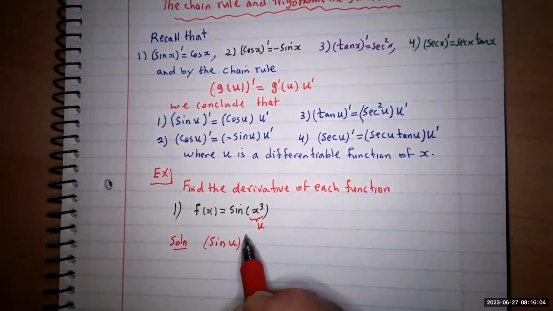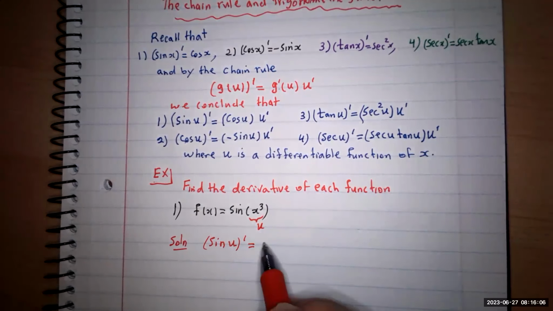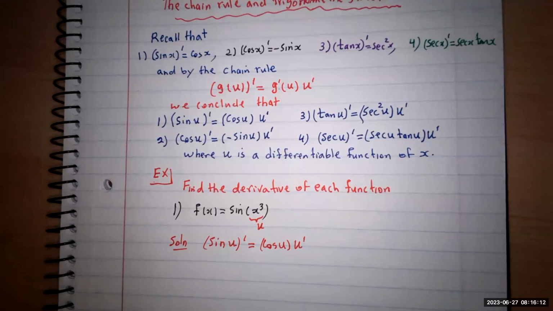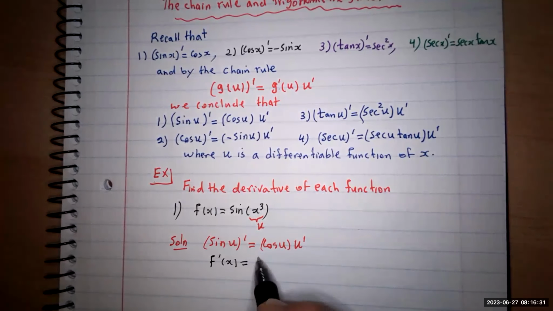Just repeat the formula: the derivative of the outside, cosine of u, times the derivative of the inside, u prime. If it's just x, you don't need it because u prime is 1. But if it's anything other than x, you have to multiply by the derivative of that function inside. So there you are. The answer is f prime of x is equal to the derivative of the sine, cosine.